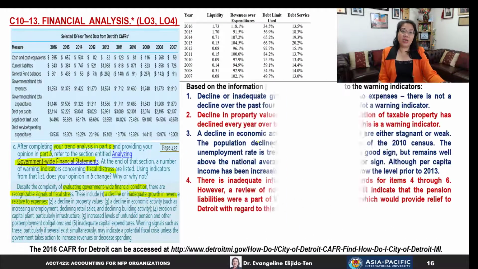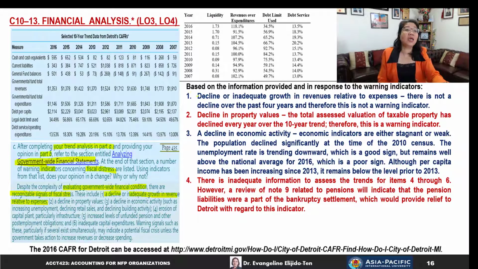We have already highlighted that in the case of Detroit, there is a decline in their revenues relative to the expenses. In fact, the fund balances or the government fund total revenues has continuously declined over the 10 years provided here.